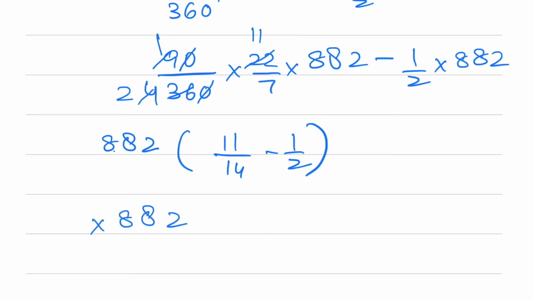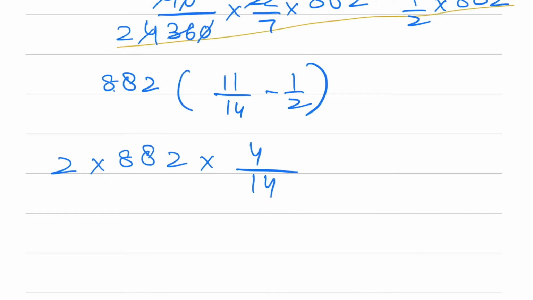This will be the area of two segments I need, so I'll write down 2 into 882, the LCM is 14, and 11 minus 7, so 4. So this we have as 7 2 times 7 1, 2 times 14 and 6.